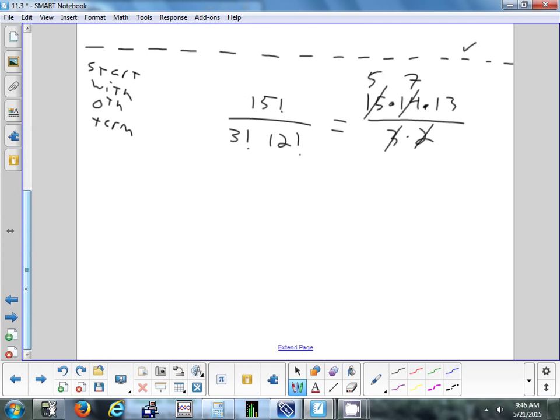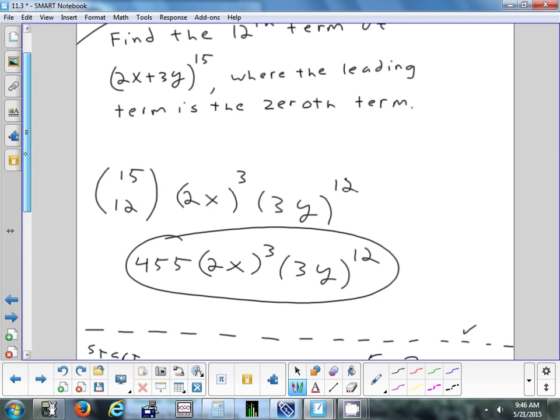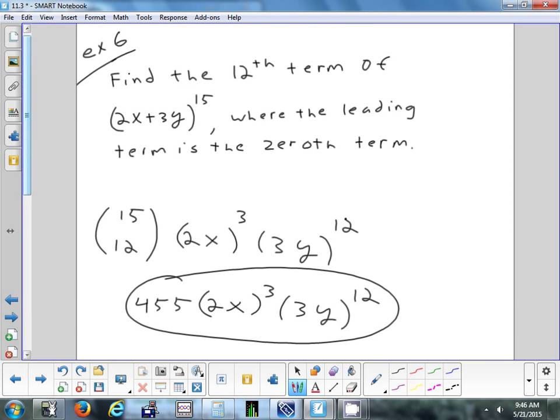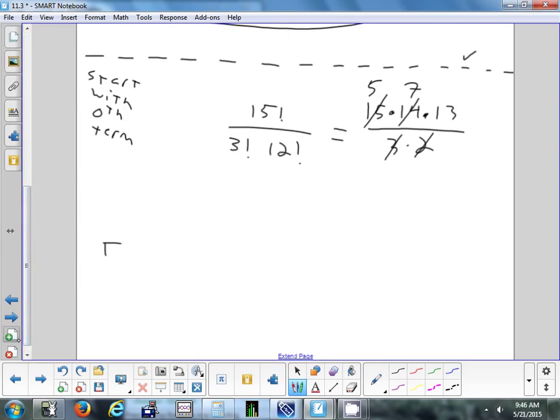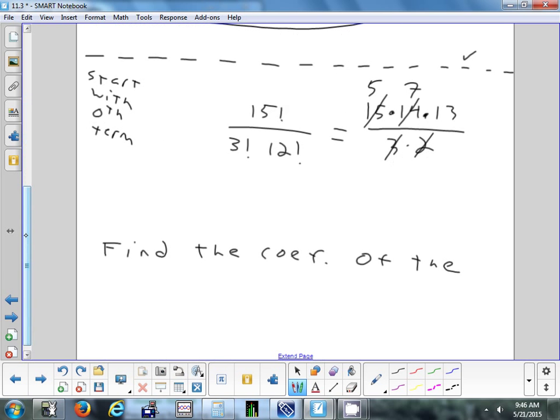Okay, let's take the same problem. Let me show you one other way it could be worded on the test. Instead of saying find the 12th term, it could say find the coefficient of the, I don't know, let's say x to the 7th, y to the 8th term.